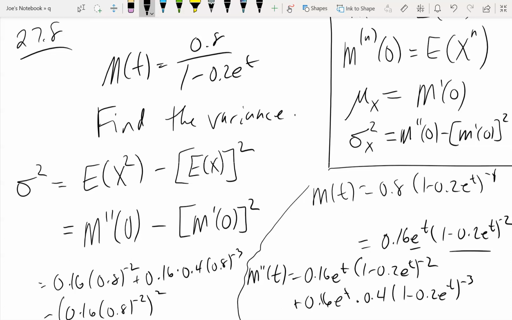I'm just plugging in 0 for t, and then writing out what it'd have to be. That looks like a nice task for a calculator. Yeah, it's subtraction out in front because I'm subtracting off the mean squared. It's still attached to this. This part right here is this minus this part here.